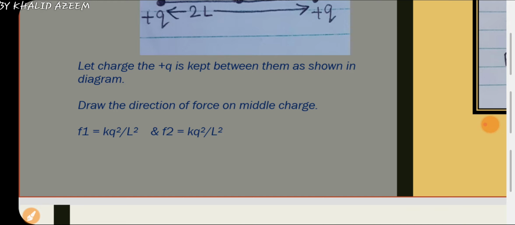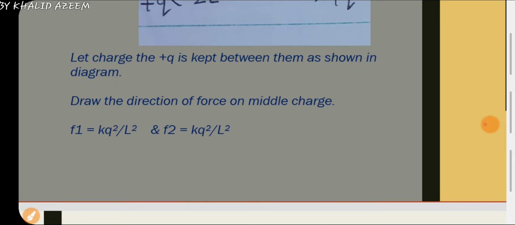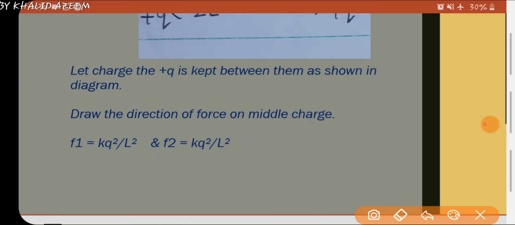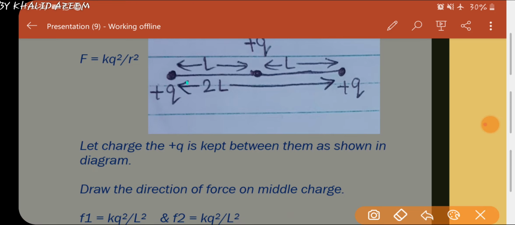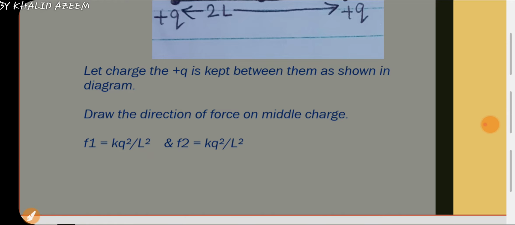So F1 will be given by K Q square upon the distance between this charge and this point, which is L, so L square. Similarly, F2 will be equal to K Q square upon L square.